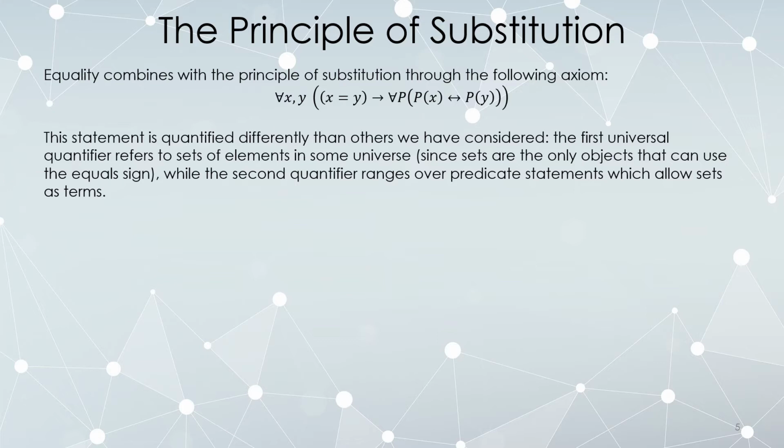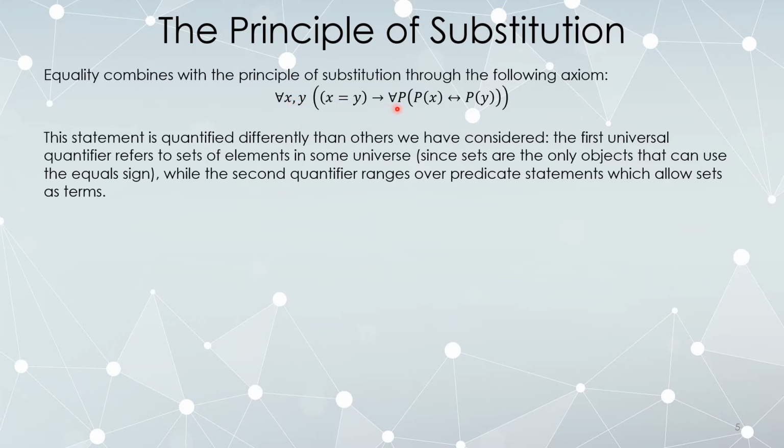So the universal quantifiers out on the left here are referring to sets. How do I know that x and y are supposed to be sets? Because here we have written x equals y, and equals is only something we know how to stick in between two sets. That's how we've talked about the equal sign, and that's the only way we've used it. So x and y are quantified over sets.